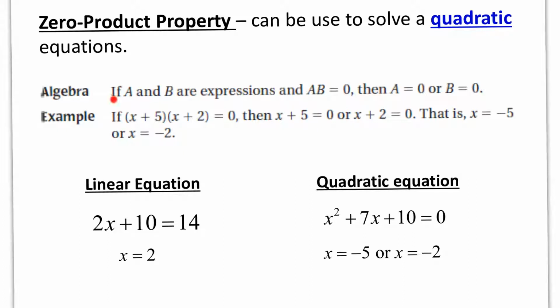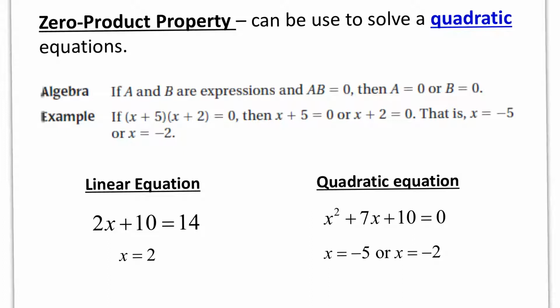So that's where we go to the definition of the zero product property. If you have 2 numbers or 2 expressions, let's say a and b, and you multiply those 2 expressions, a times b, and we know the answer is 0, so a times b equals 0. What that means, guys, is that one of those 2 expressions or numbers has to be 0, because in order to get an answer of 0 when you multiply, you have to multiply by 0.